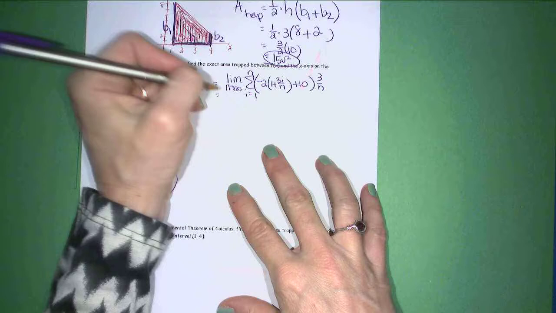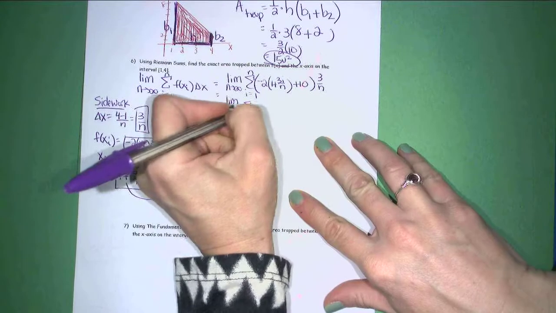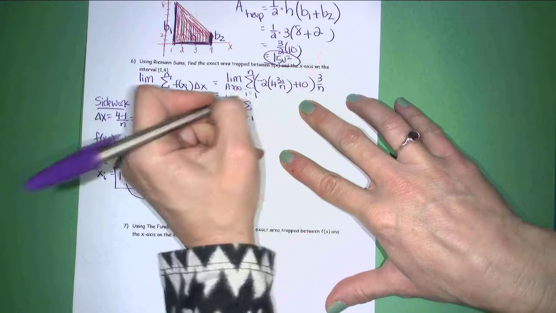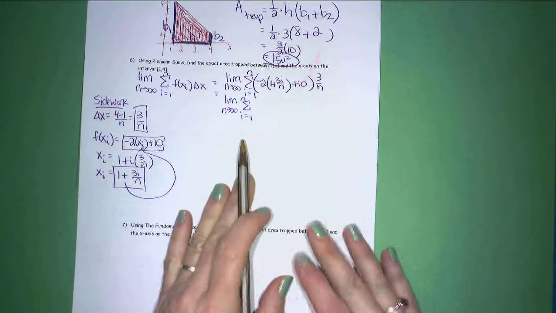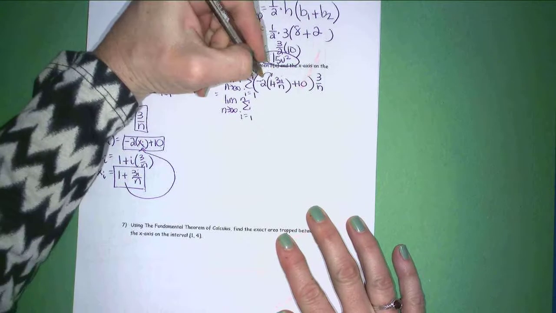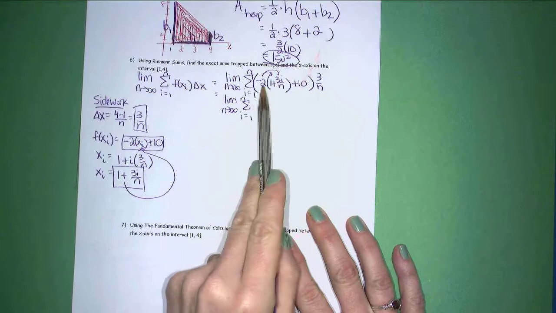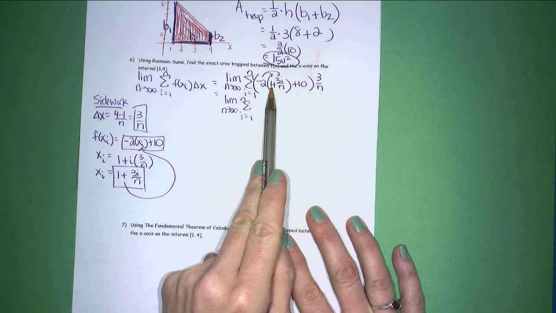Okay, my next step is going to be some algebra, and I'm going to skip a few steps here, because you can see I only have a limited amount of space. So one thing I can do, I'm going to distribute here, of course. I'm going to take the negative 2 and distribute it. But what I can do all at the same time is: negative 2 times 1 is negative 2.